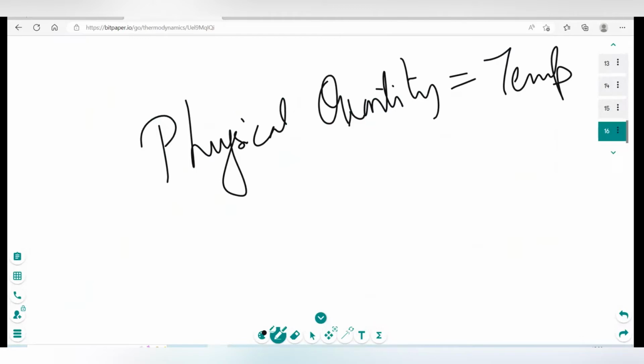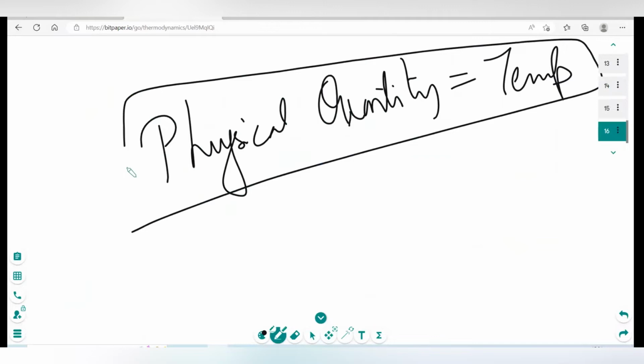Because it gives birth to the signature or the significance of temperature. And that is why we are saying physical quantity.